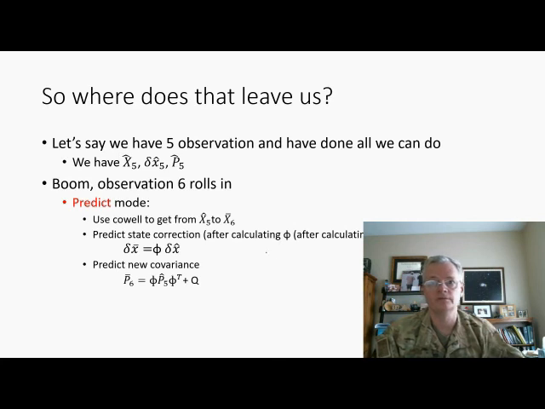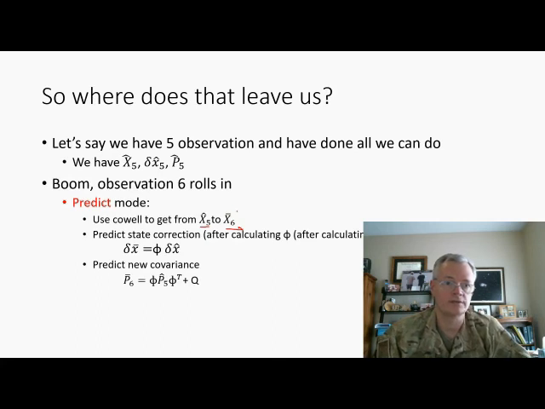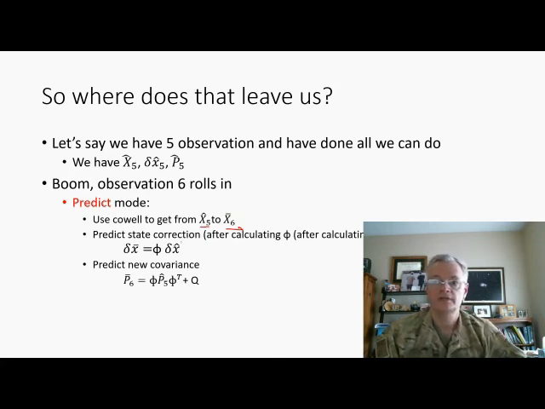So we'll go into predict mode. We use the state transition function to get from our state at 5 to our predicted state at 6. It doesn't include any new information yet. The predicted state correction, we use that equation.